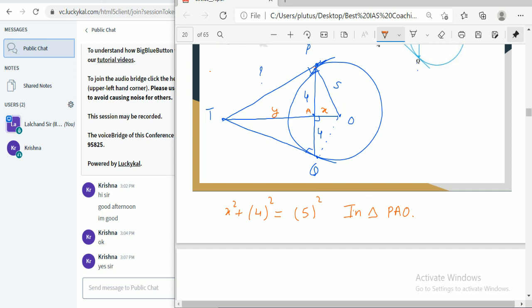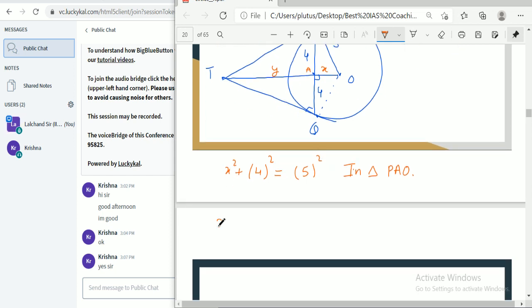If we simplify this, x square equals 25 minus 16, which is 9. So from this we can say the x value is 3 centimeter.